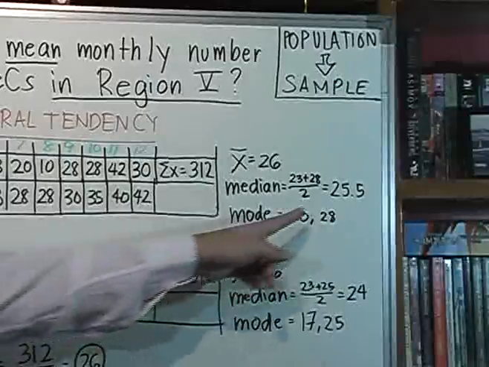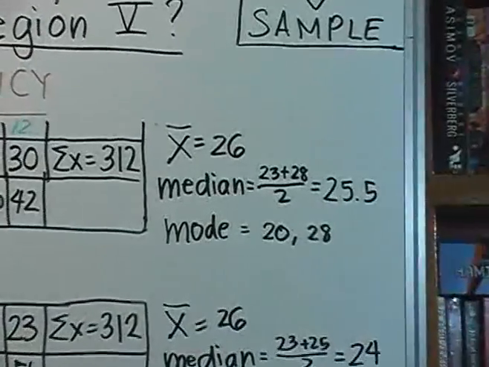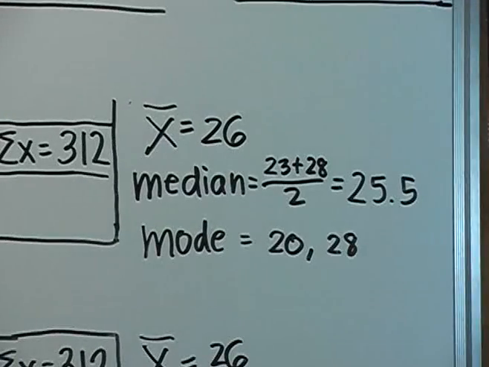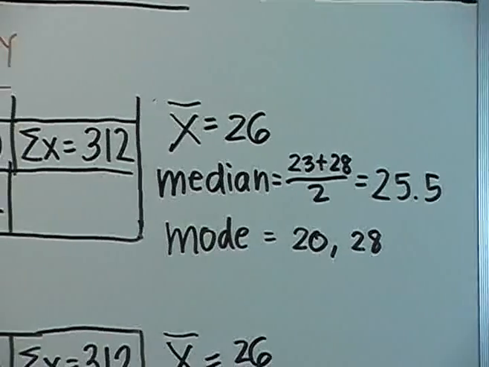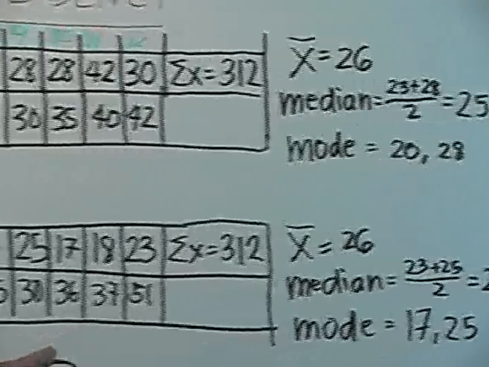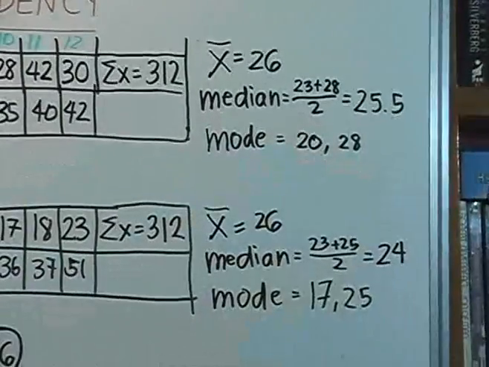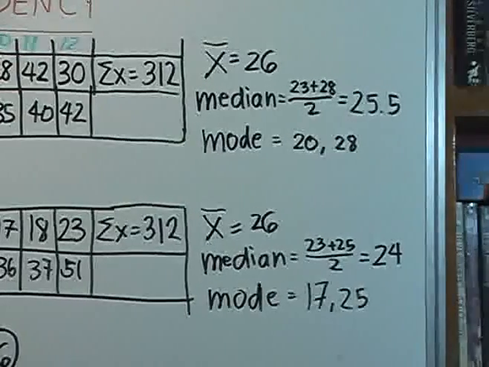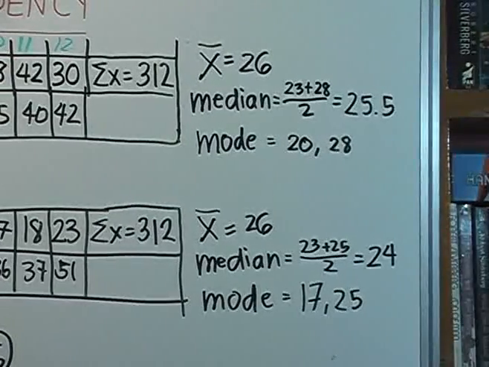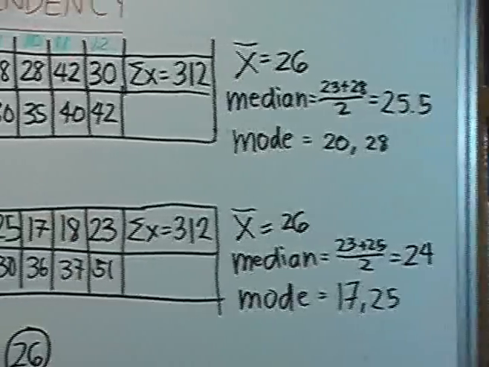In this case, the median for CECA is 25.5, meaning the median monthly number of customers is 25.5 for CECA. If you do the same thing for CECB, the median, 23 plus 25 divided by 2, is 24, right? And the mode describes the most commonly seen individual measurements in an ordered array.